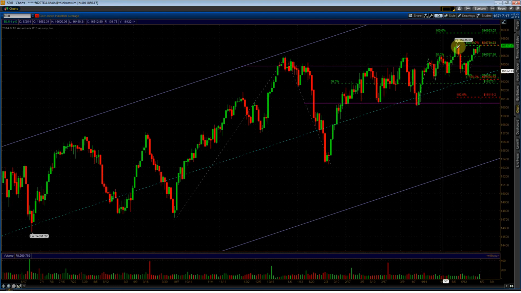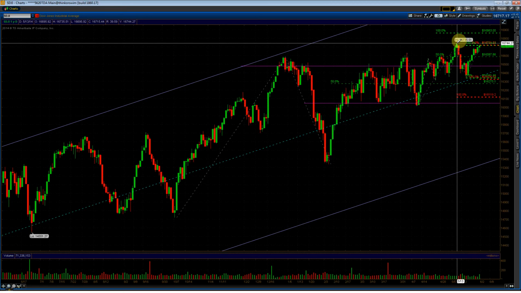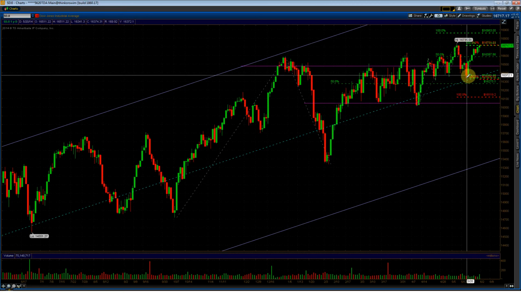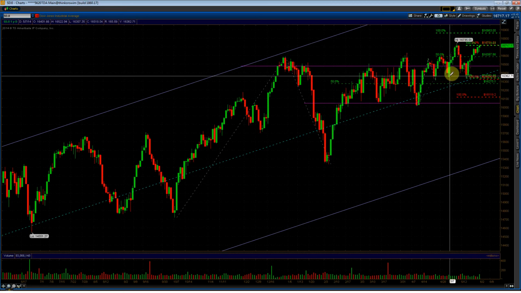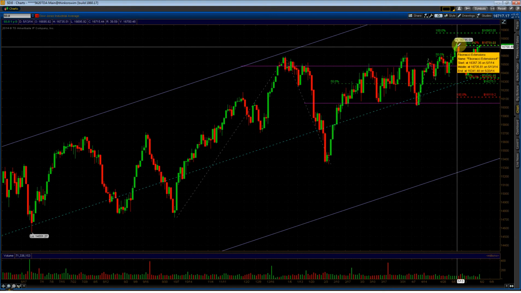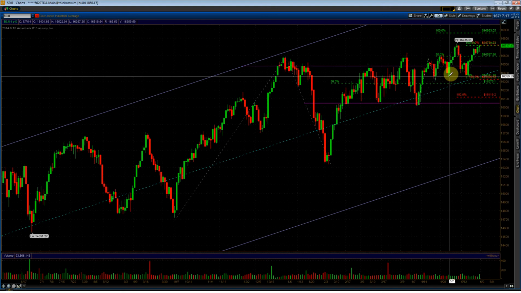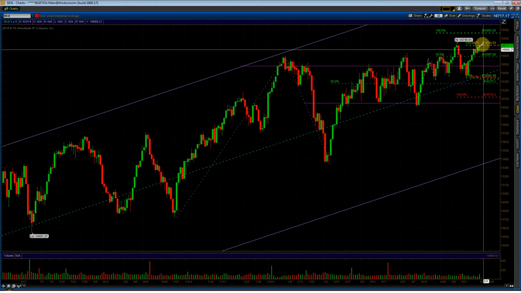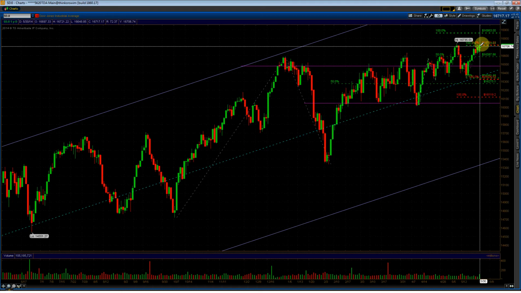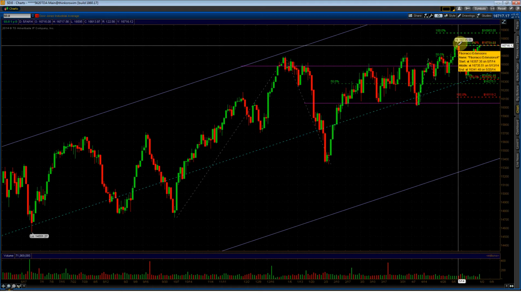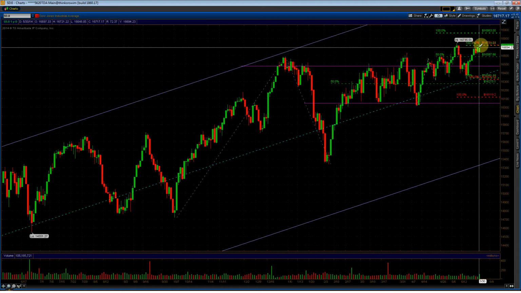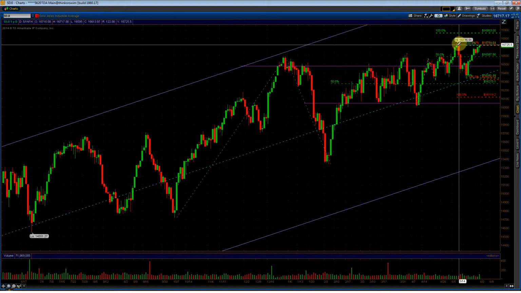Now remember, from this high here, we did make a lower low here than was seen on the low before the high was made, which would give us the assumption that in a perfect world, which we all know we're far from a perfect world, that the stock would then make a lower high than the high that was made, but could go up to any value lower than that prior high.